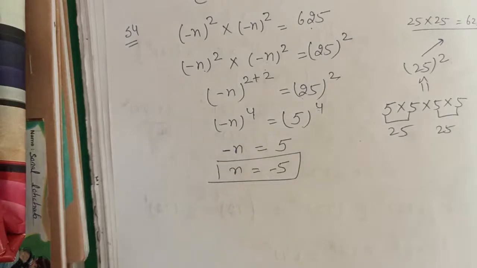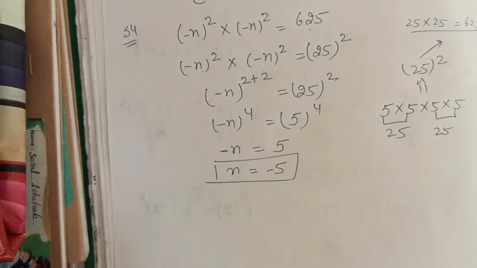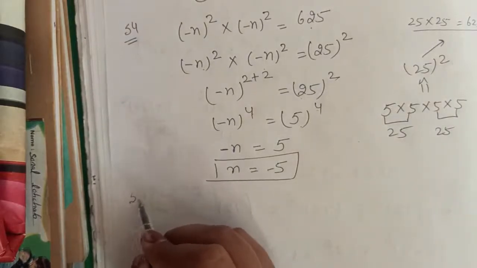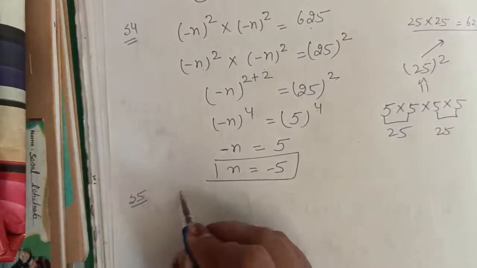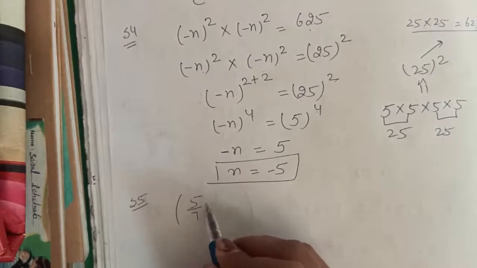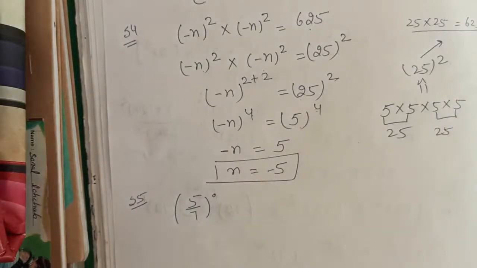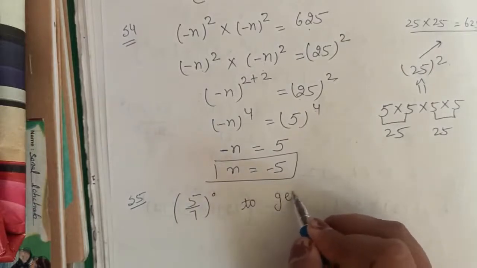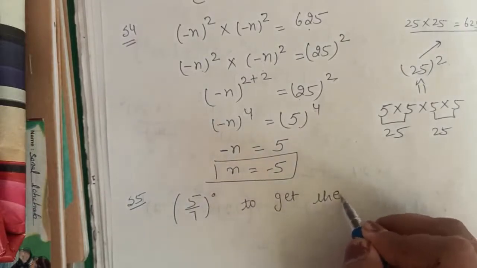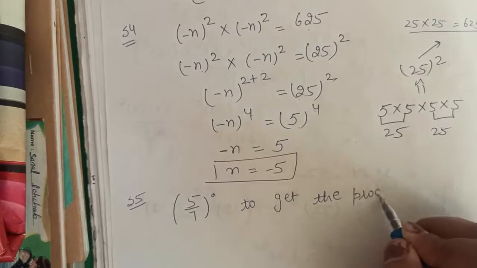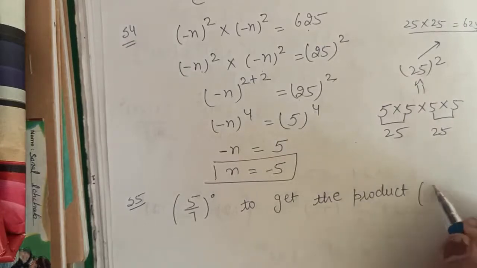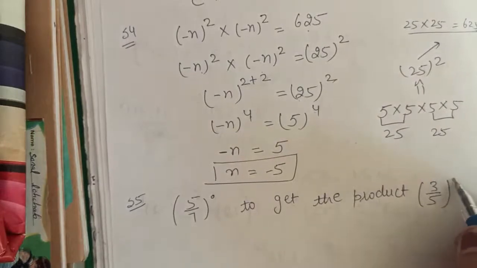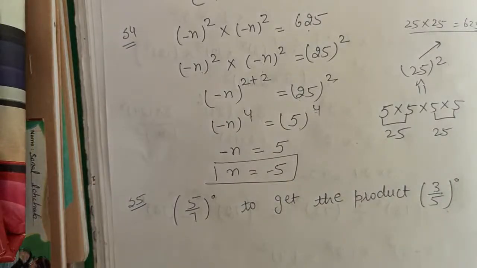Now come to S5. By what number should 5 by 7 to the power 0 be multiplied to get the product 3 by 5 to the power 0? So we have to find that number.